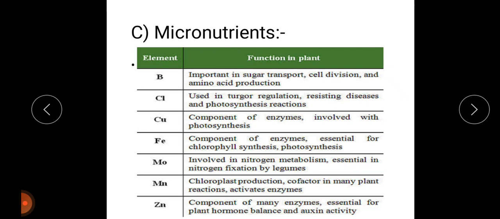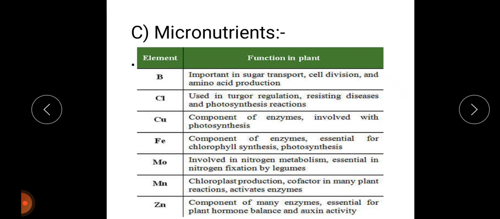After that we discuss the third part, that is micronutrients. There are a number of different micronutrients, seven or eight in that. Boron also plays an important role in plant metabolism; it is important in sugar transport, cell division and amino acid production. So boron is also a very important constituent.